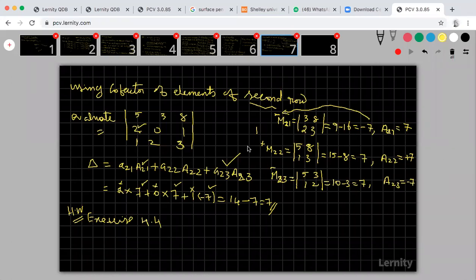Okay, please note this exercise 4.4 as the homework problem.